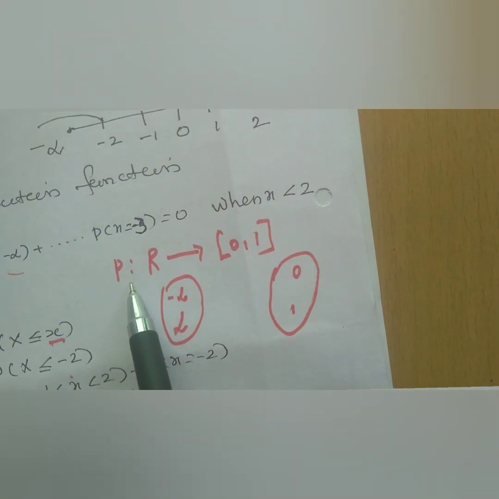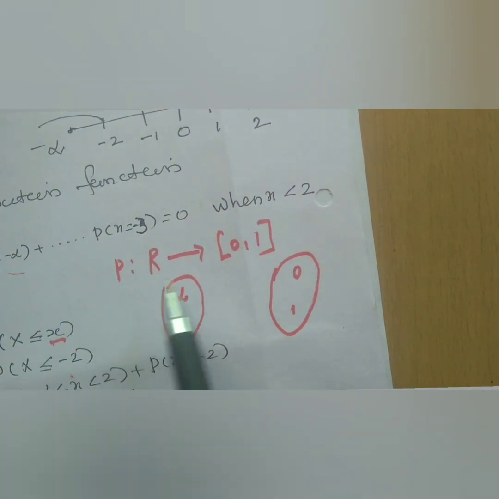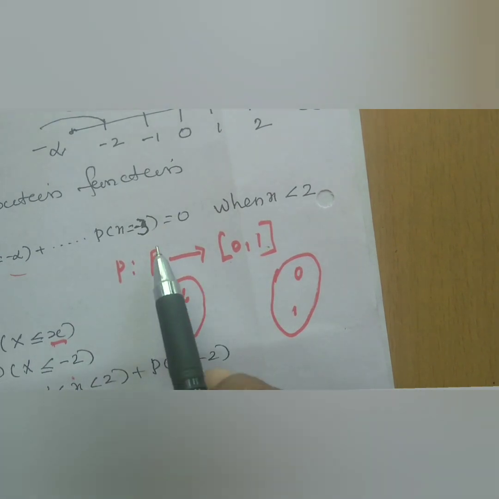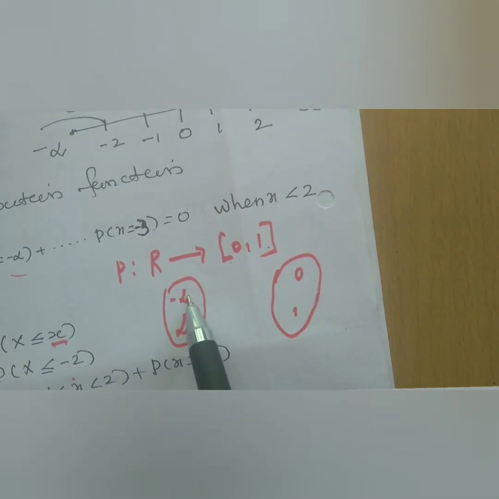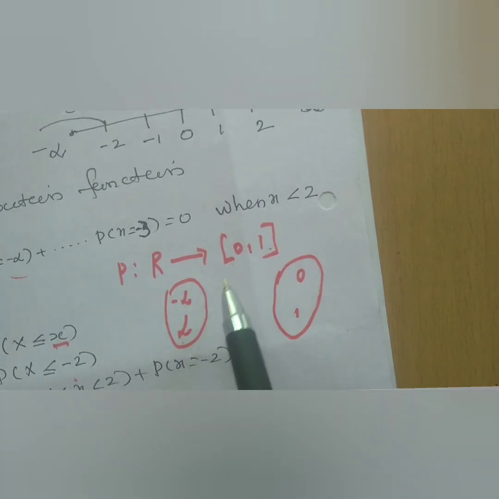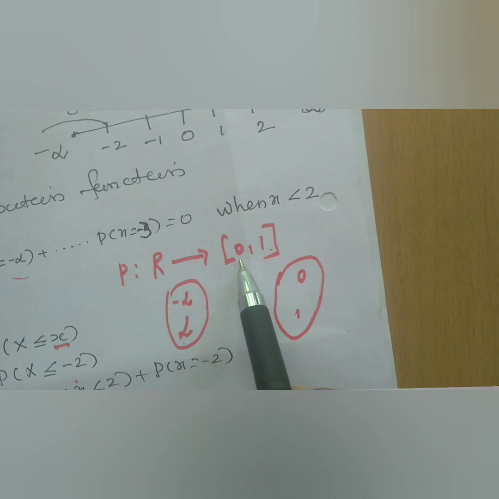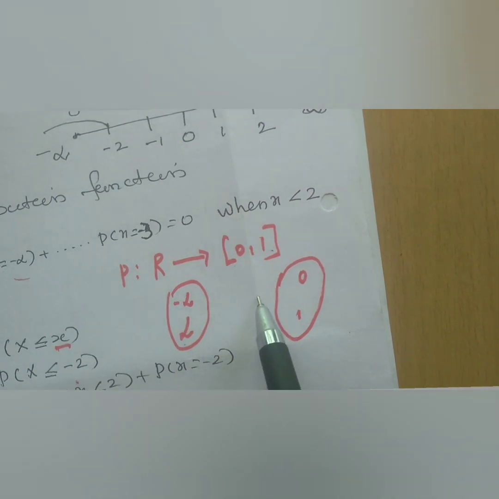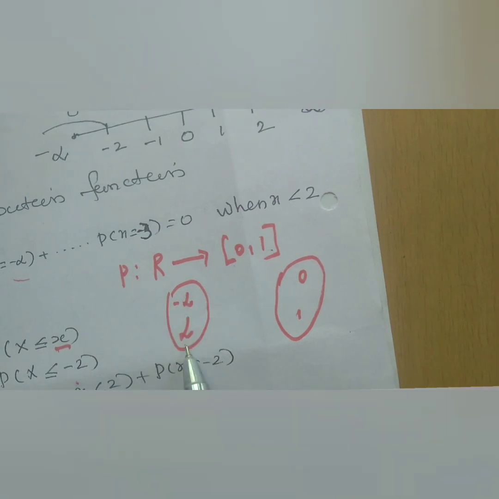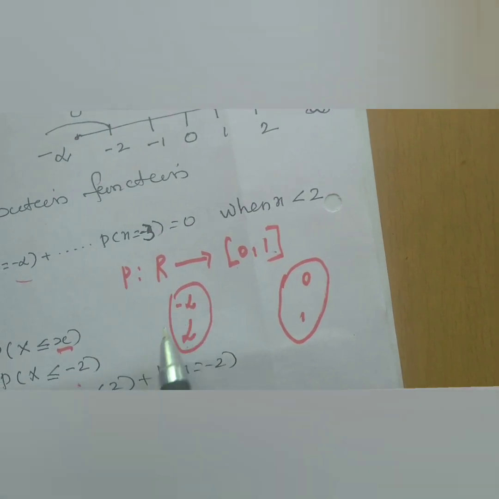The probability function is defined from R to the closed interval 0, 1. So x takes the values minus infinity to plus infinity, and its probability only lies between 0 and plus 1. So here we have to take all the values in between minus infinity to plus infinity.